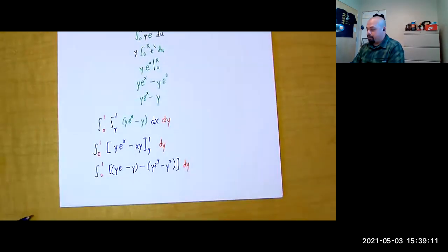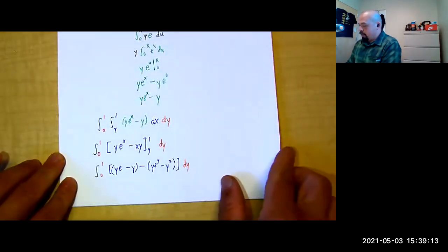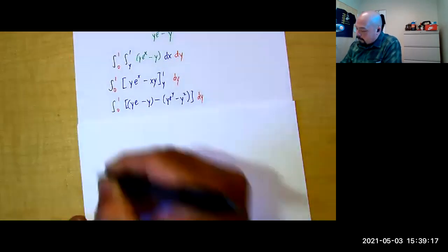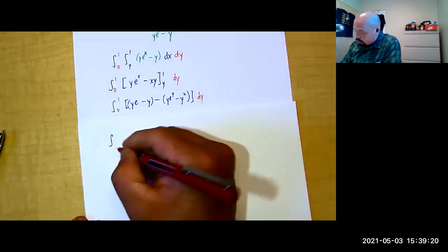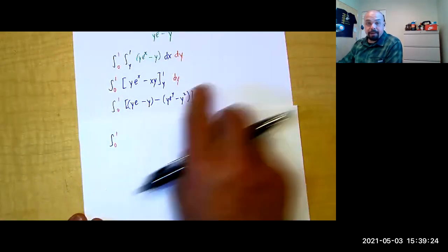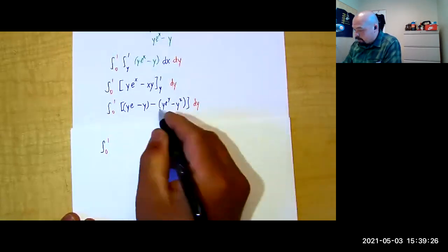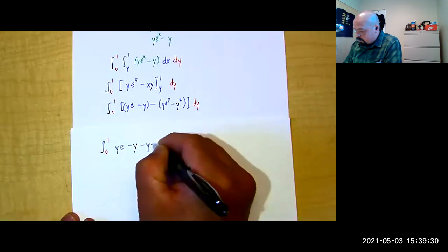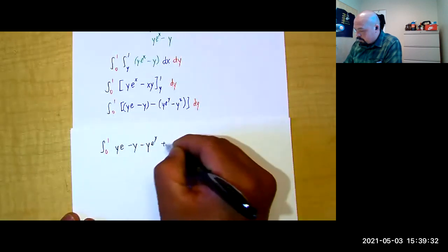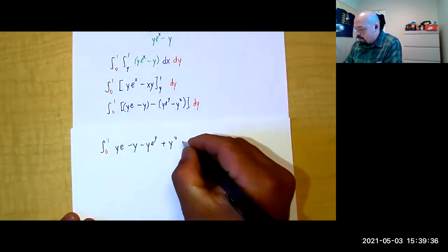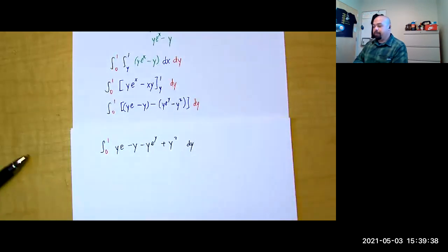And now I'm probably going to need another page. Right here, 0 to 1. Distribute a negative, getting rid of parentheses. Right, negative, negative, positive, y squared. That's all, dy.